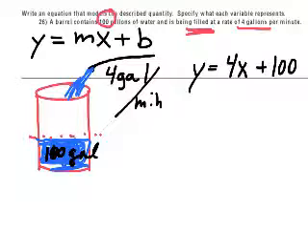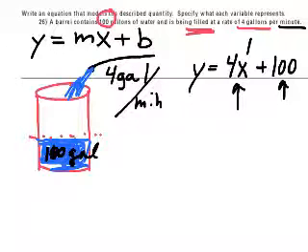Okay, but if we wanted to specify what the variables represent, we might want to use some letters. So what is y here? Well, think about it. We've got gallons of water that's already in there, and this is the rate, more gallons going in, per minute.